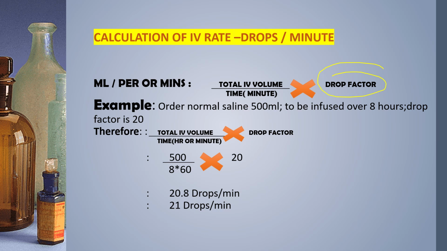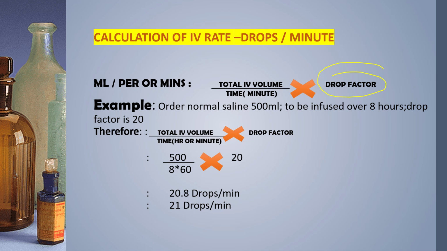If you're using a pediatric or micro drip, micro will be 60, and blood transfusion will be different. So each one depends upon the drop factor, that is, what set you're using. That will decide what drop factor you will use. Am I clear about that?